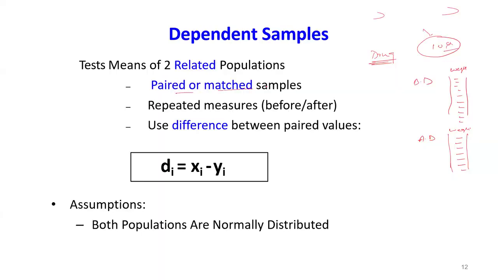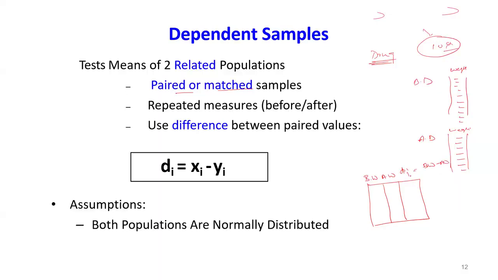So let's suppose after the experiment, you have these two columns: before experiment weights and after experiment weights. Now we will find the difference between these two, that is, BW minus AW.